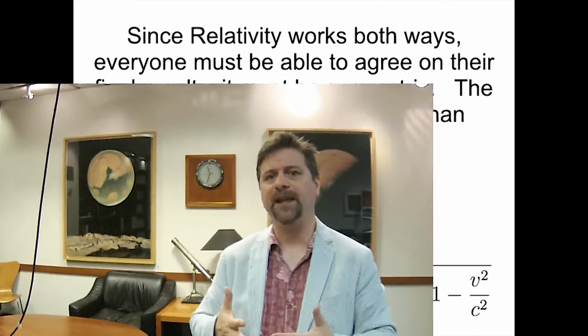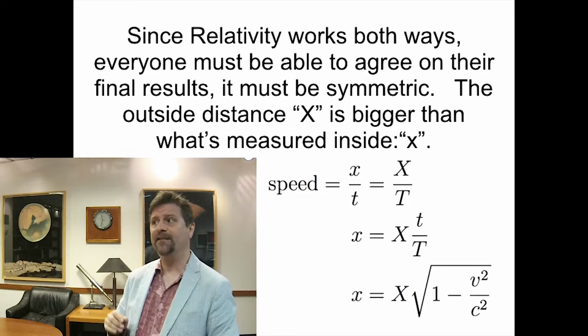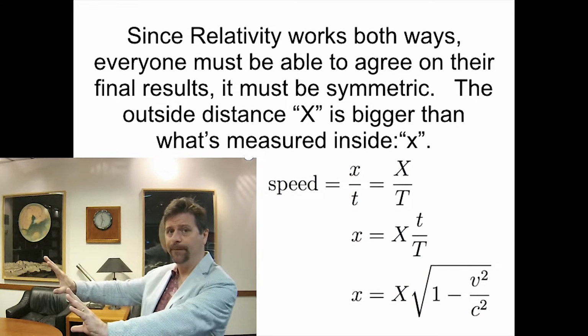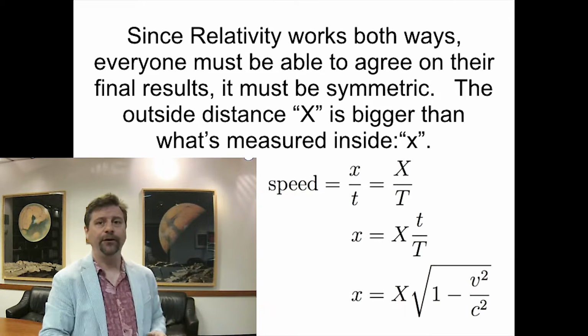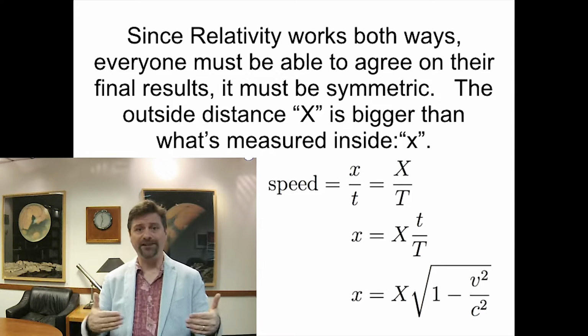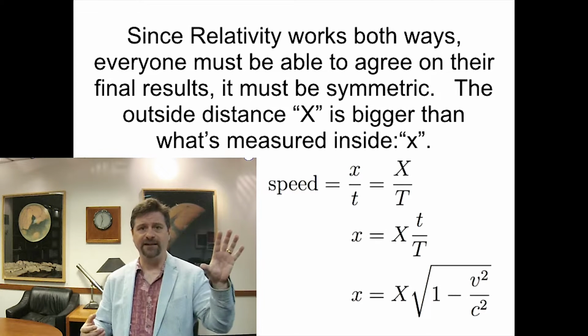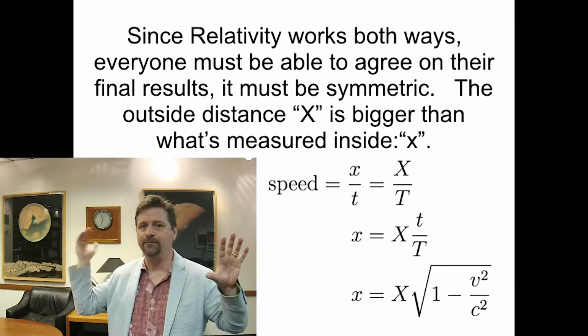And that's because everyone has to agree on measurements. Everyone has to be able to predict each other's measurements. Because if I'm watching that move, it's the same as if they're in there watching me move. So the relative speed is the same no matter who's watching that. So we've got a stationary thing. That's me thinking I'm stationary, and the room with the clocks is moving by.